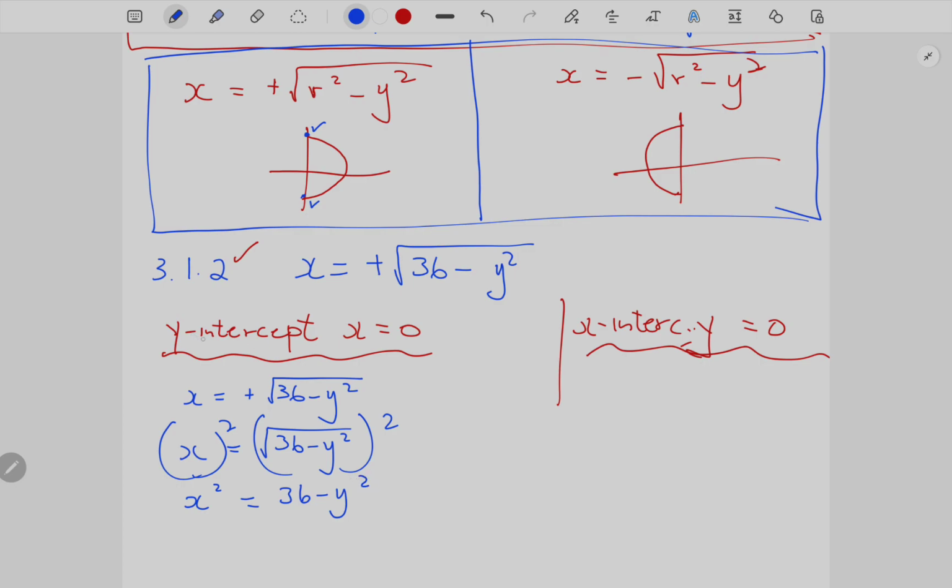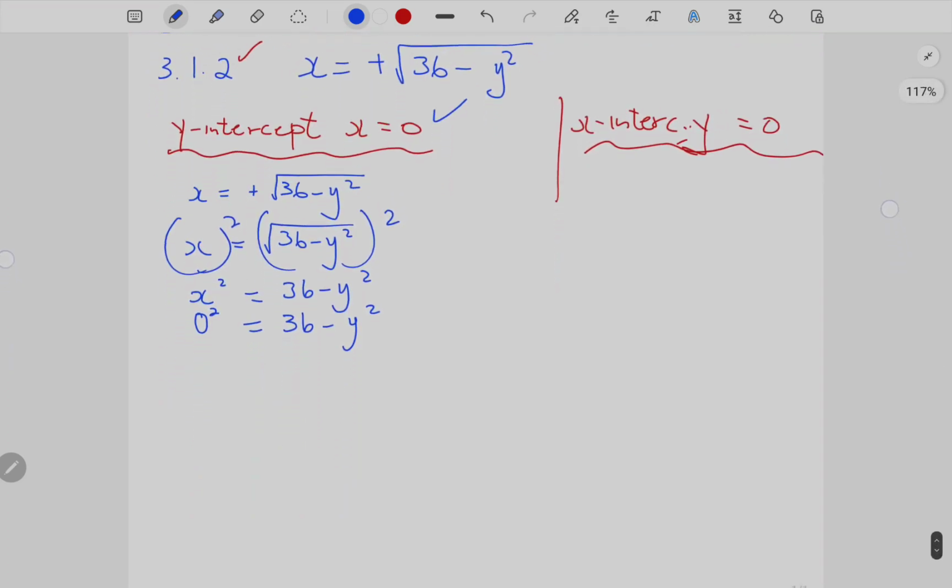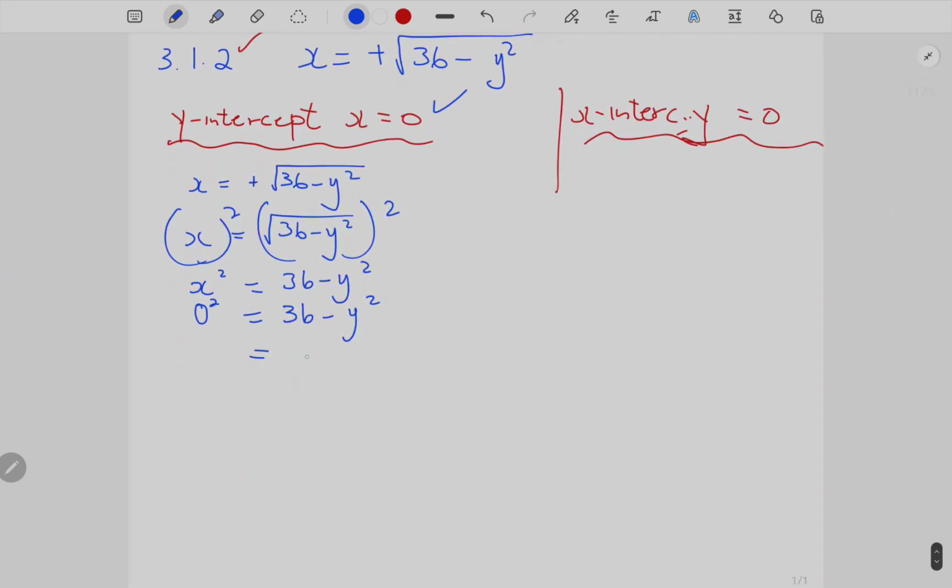Okay, so for the y-intercept, let x be 0. So in place of x you put a 0: 0 squared is equal to 36 minus y squared. Now let's solve for y, because 0 squared is equal to 0. Therefore, y squared is equal to 36. But now we're not solving for y squared, we want only y.